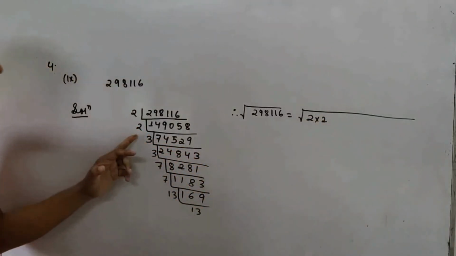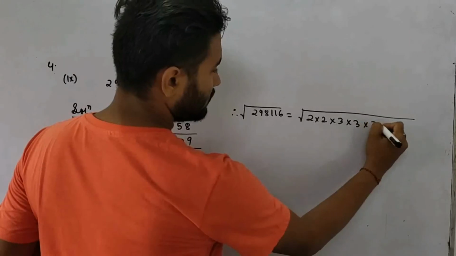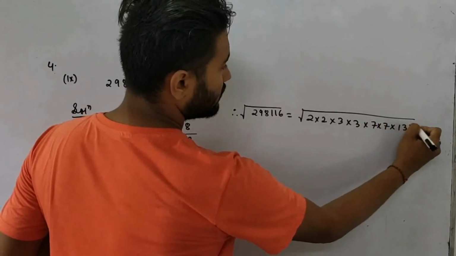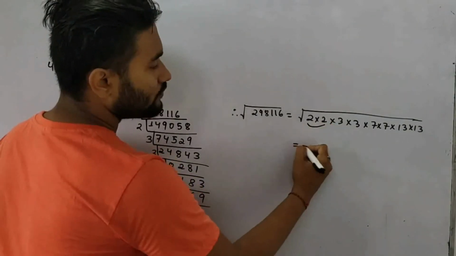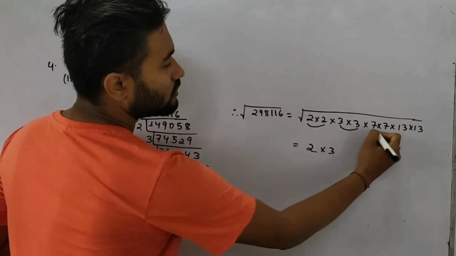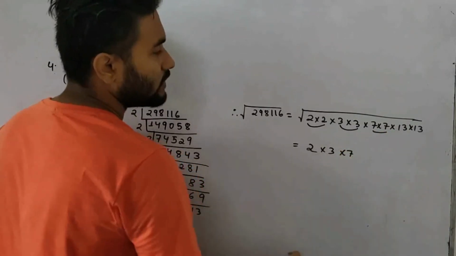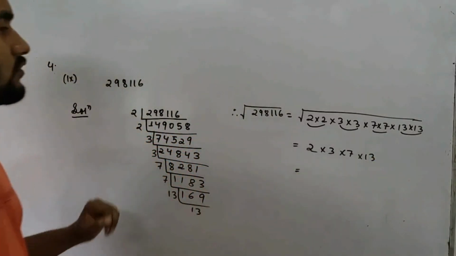How many 3s? Again 2. How many 7s? Also 2, and 13 is also 2. So you see, from these two 2s, one 2 will come out. From these two 3s, one 3 will come out. From these two 7s, one 7 will come out. From these two 13s, one 13 will come out. Multiply, this is your answer.